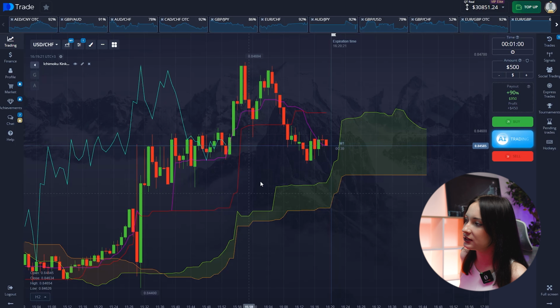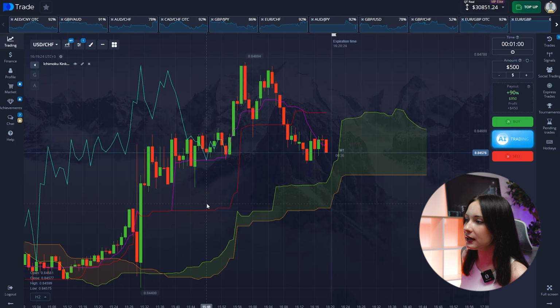First of all, you can see the cloud. When the main currency pair chart lies above the cloud, that means you are overall going to open a buy position, like here, with the currency pair increasing in price.